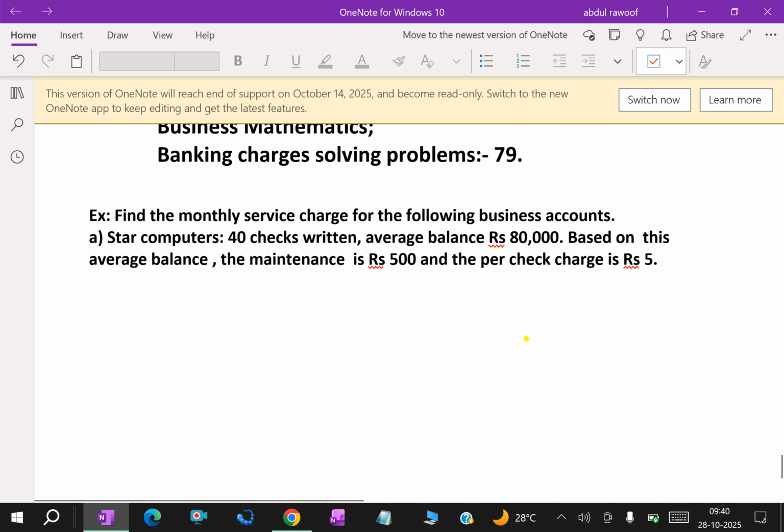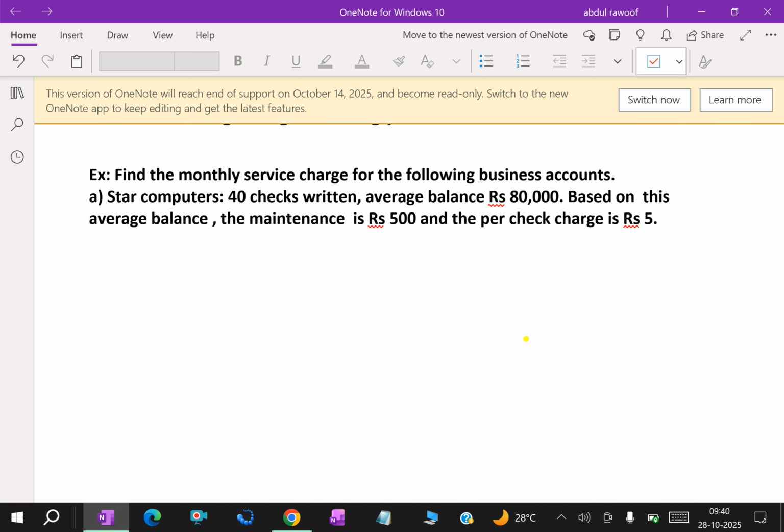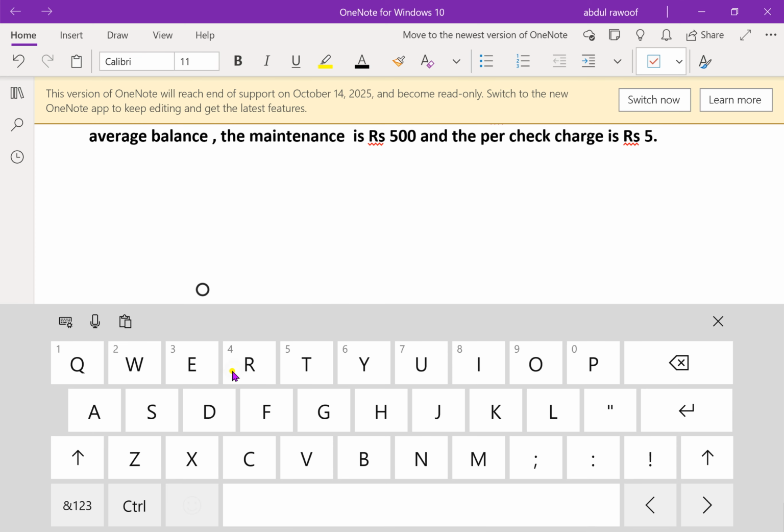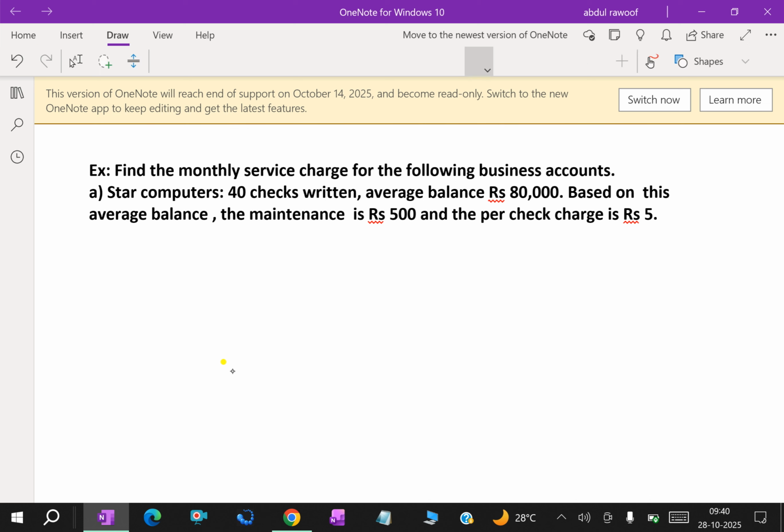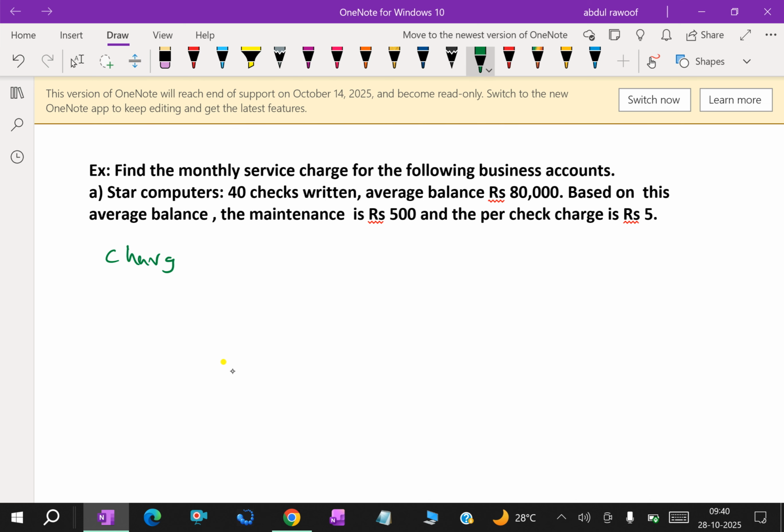It's a simple question. Look here, the charge equals two kinds: maintenance plus per check charge.